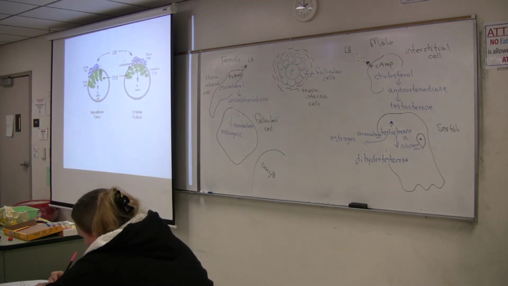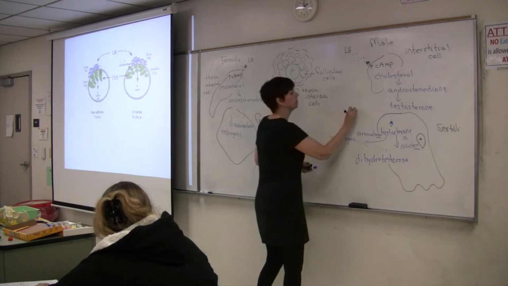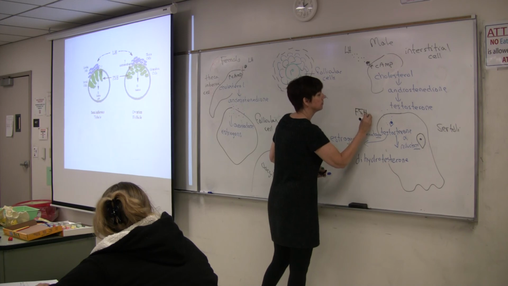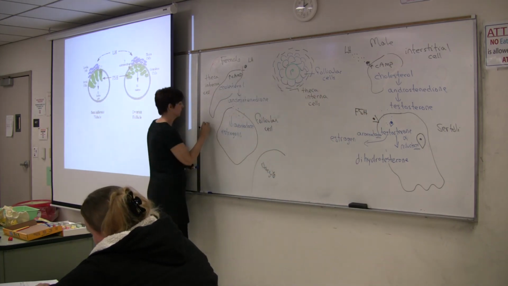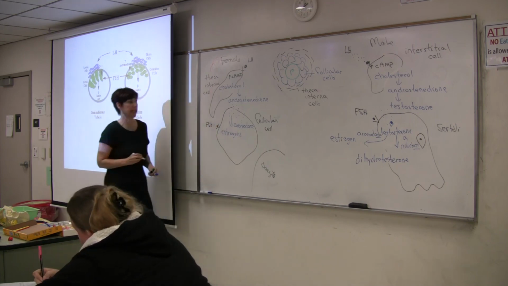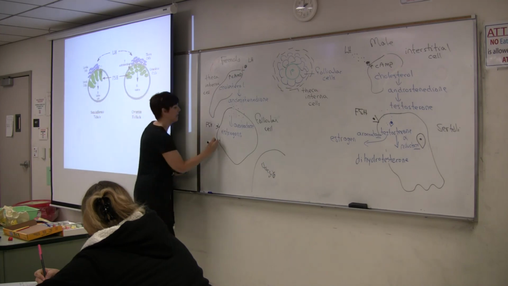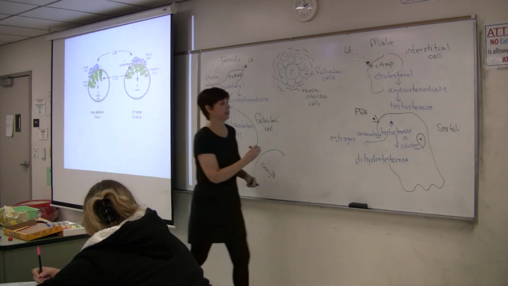So that's done under influence. Oh, I forgot to put it here. FSH as well. Okay, which causes an increase in cyclic AMP, which makes the aromatase active.